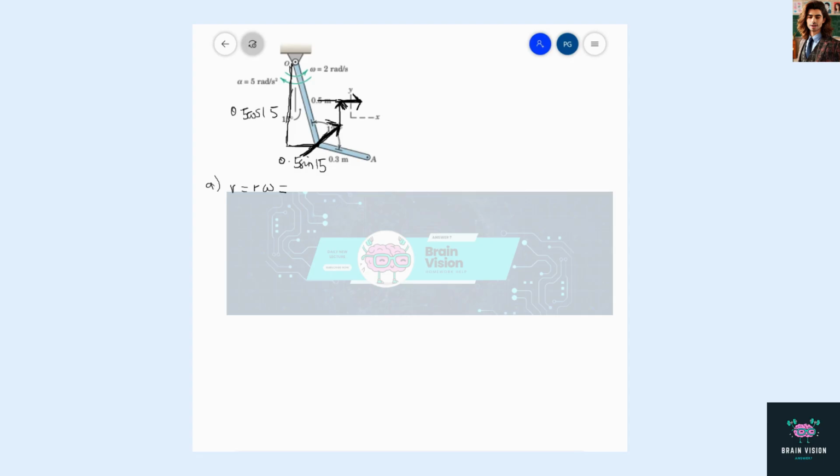So it's going to have 0.5 cos 15 times the angular velocity, which is 2. And this is in the positive x direction, so positive i. This is in positive j direction also, positive y. So this is going to be 0.5 sine 15 times 2 j.